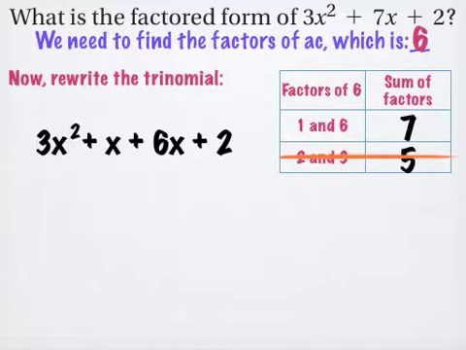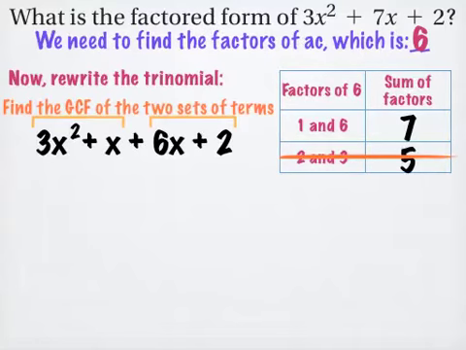So all I've done is I've left my 3x squared alone, and now instead of 7x, I have 1x plus 6x. And then I've left my 2 alone. Now I'm going to be able to group these terms into pairs and find the GCF of the pairs. So we're going to find the GCF of the two sets of terms.